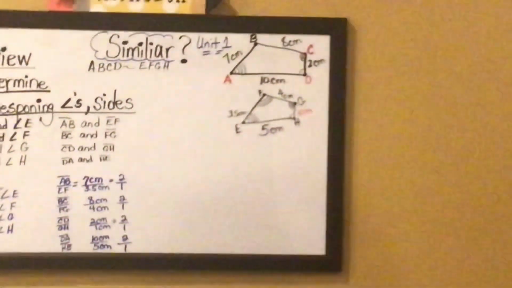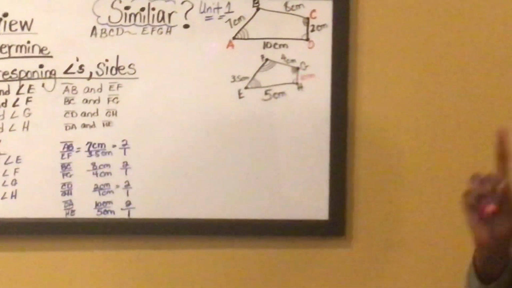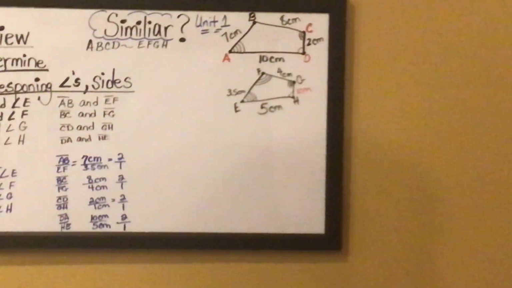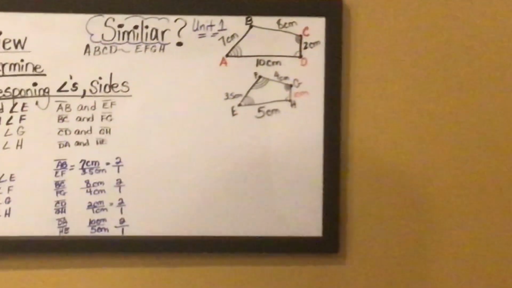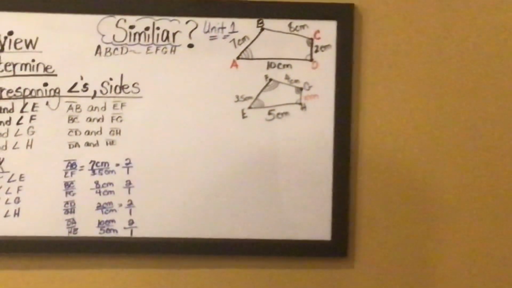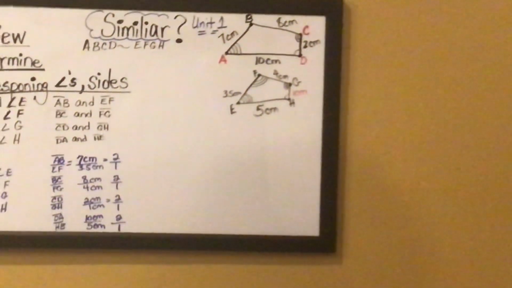Sometimes one figure can be rotated around, and in that case, in order to identify the corresponding angles and sides, it's easiest to take a look at the biggest angle or the smallest angle in one figure, then match it up with the biggest and the smallest in the other.